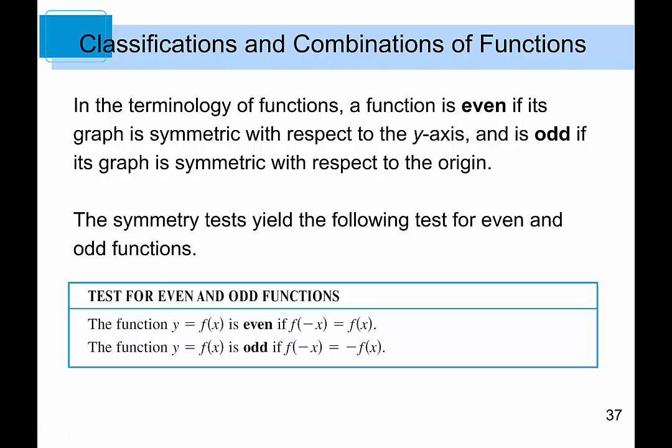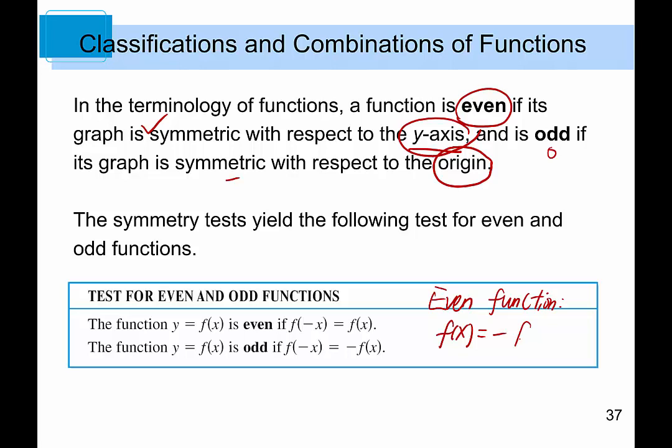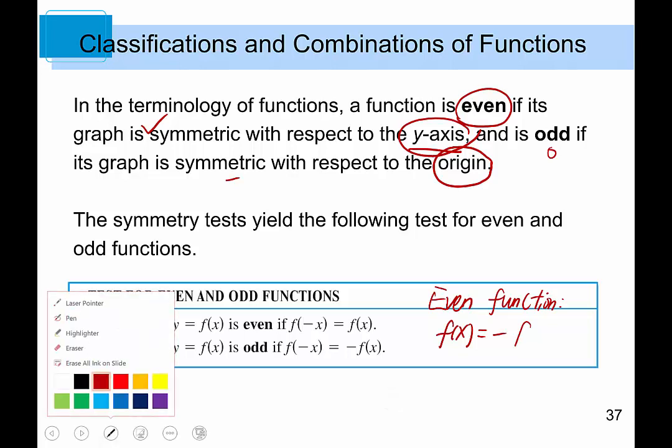And next, let's take a look at even and odd function notation, the terminology of functions. A function is even if its graph is symmetric with respect to the y-axis. If it is odd, its graph is symmetric with respect to the origin. So for an even function, f of negative x equals f of x.